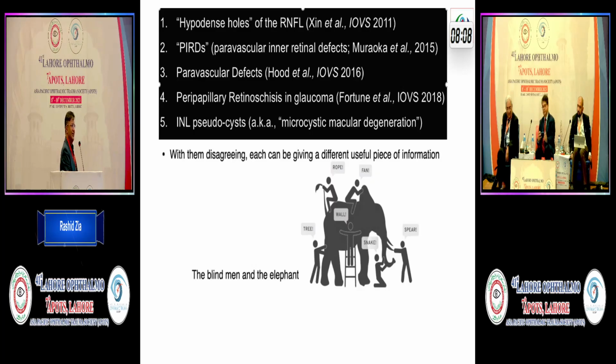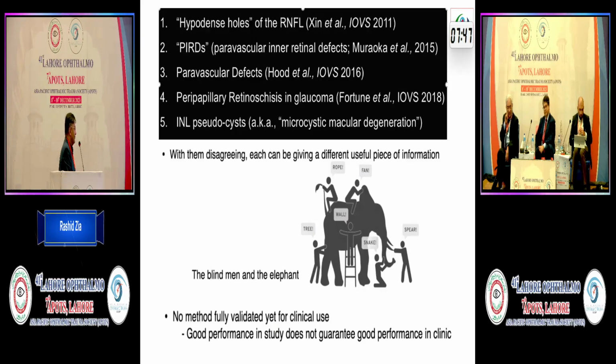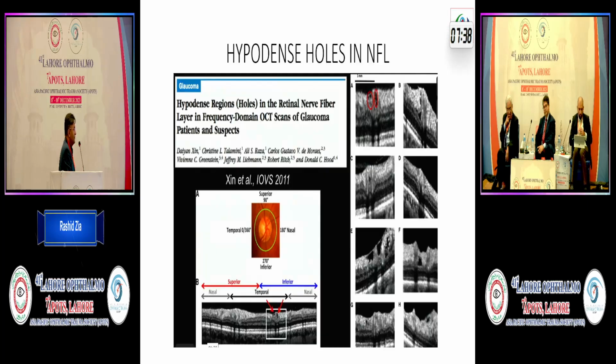So no one single sign is important. We collate them to come to a real diagnosis. And also, the eye does not see what the mind does not know. So the purpose of this presentation is to educate, so that I can start seeing those subtle signs of glaucoma. But before I proceed, there is no method which is fully validated for clinical use, and a good performance in a study does not guarantee a good performance in the clinic.